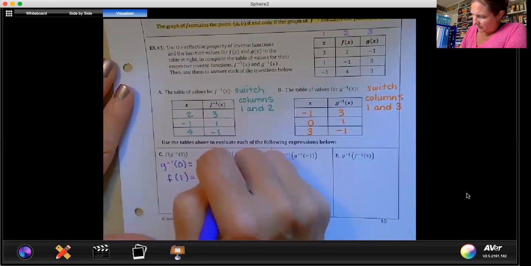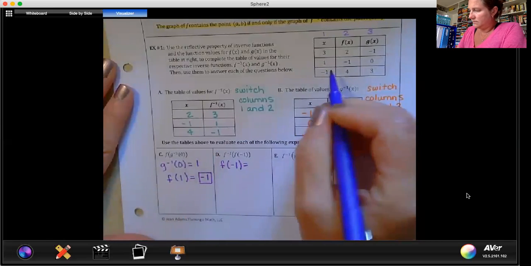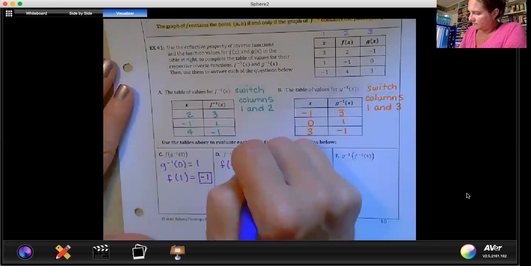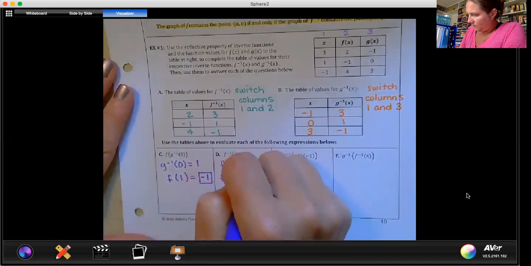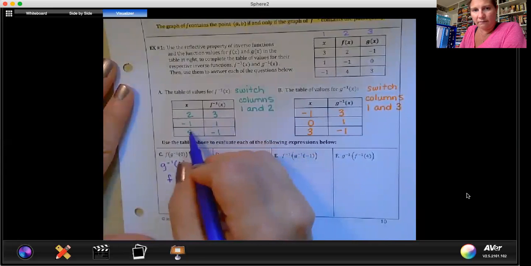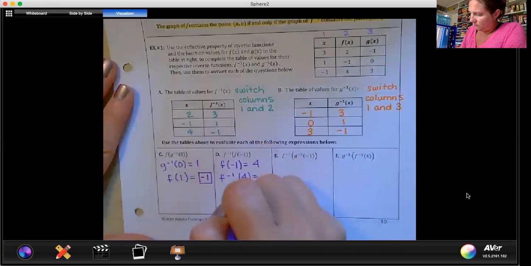So for part D, f of negative 1 is 4. And the inverse of f at 4 is negative 1.